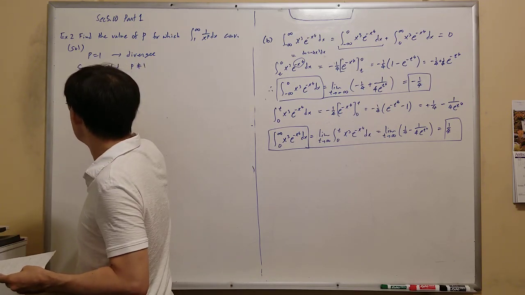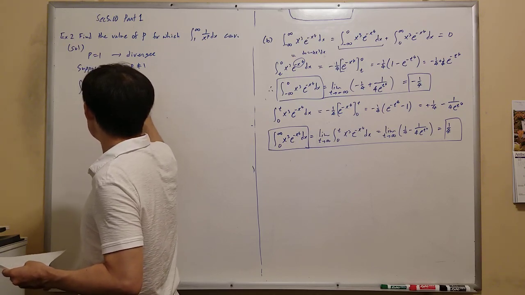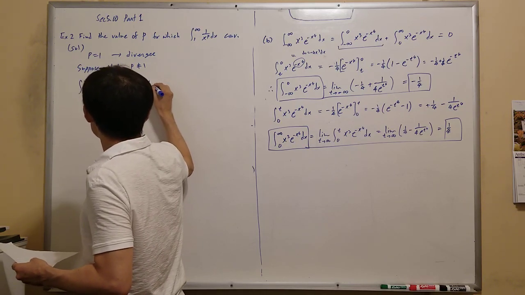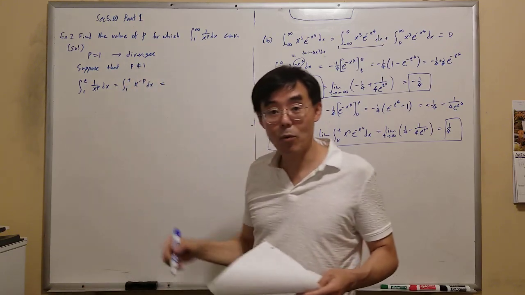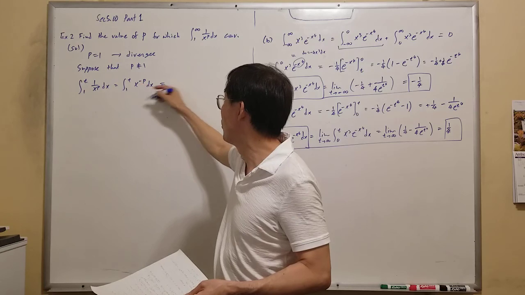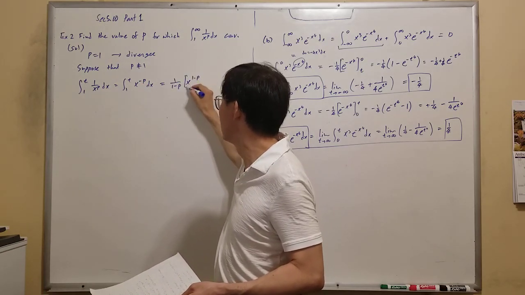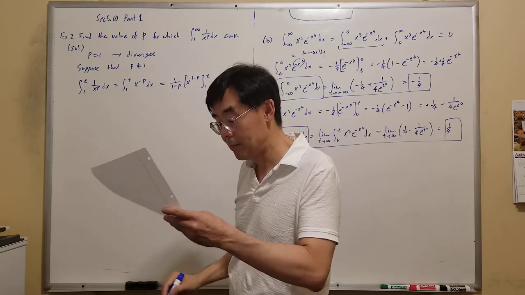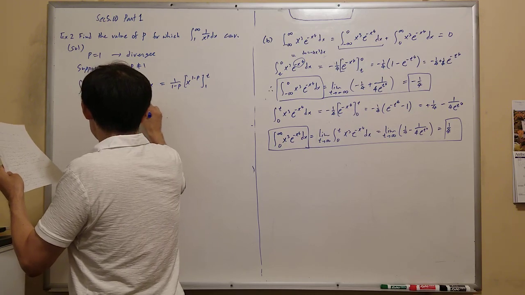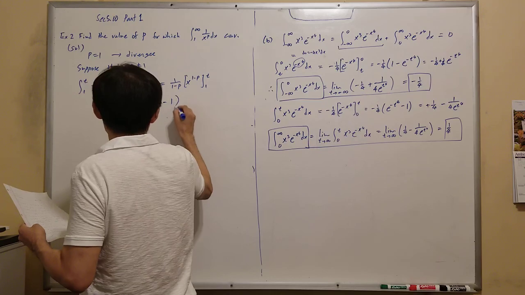Then, this is x to the negative p. Now, because p is not 1, the definite integral will be just the power, adding 1: 1 over 1 minus p, from 1 to t. Okay? So it is 1 over 1 minus p times t to the 1 minus p minus 1.